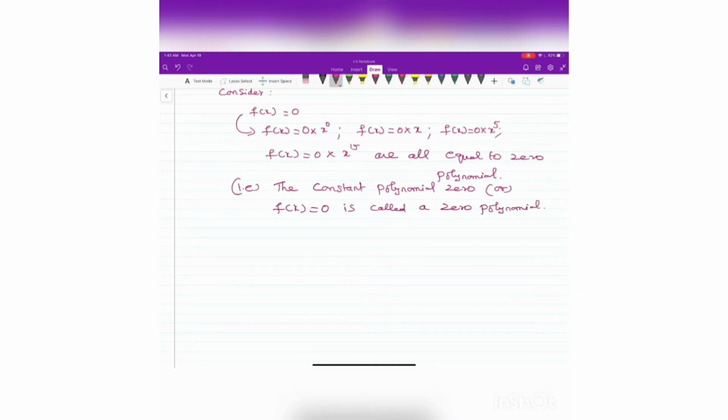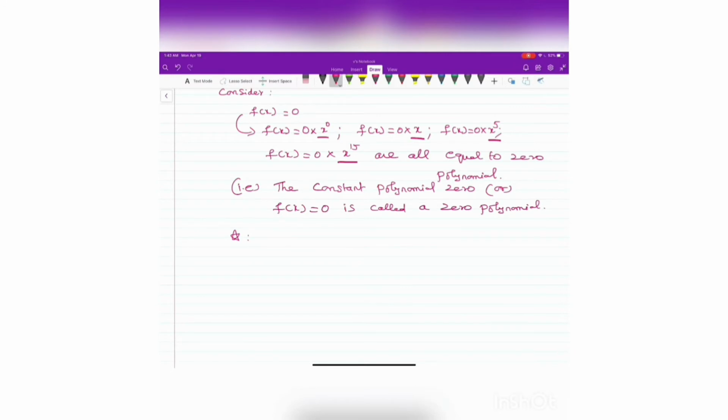Now, here the very important point is that the degree of the zero polynomial cannot be defined, because here you are getting the degree as 0, in this place the degree is 1, here the degree is 5, in this it is 15. You can't define it, since in all the cases the value is 0.